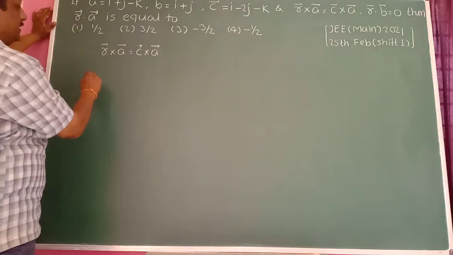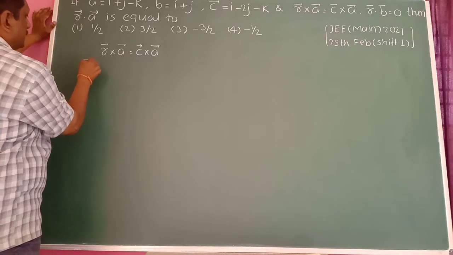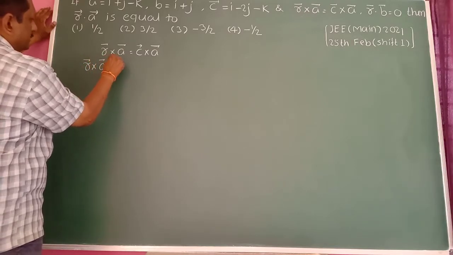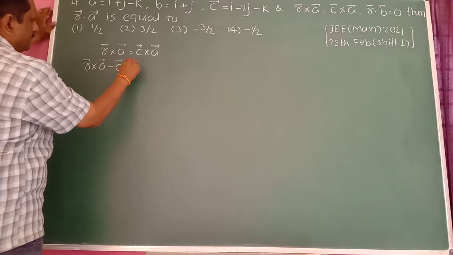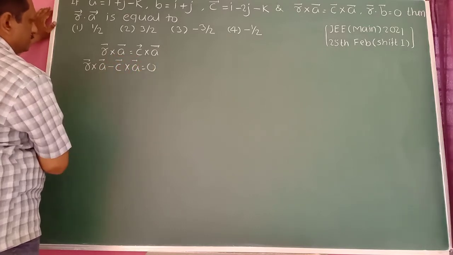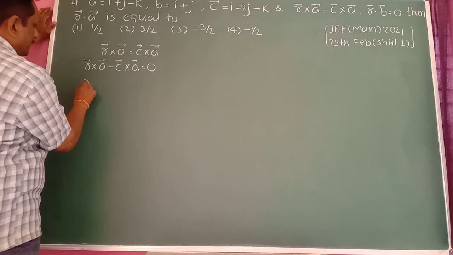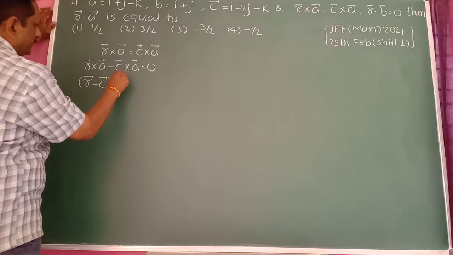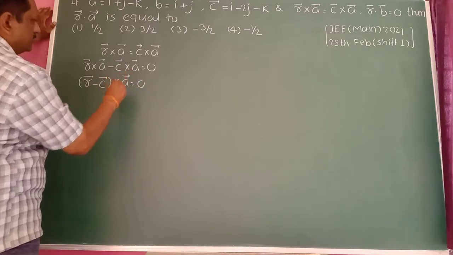Take the term left side here. So r bar cross a bar minus c bar cross a bar, that is equal to 0. A bar is a common factor here. So r bar minus c bar cross a bar is equal to 0.